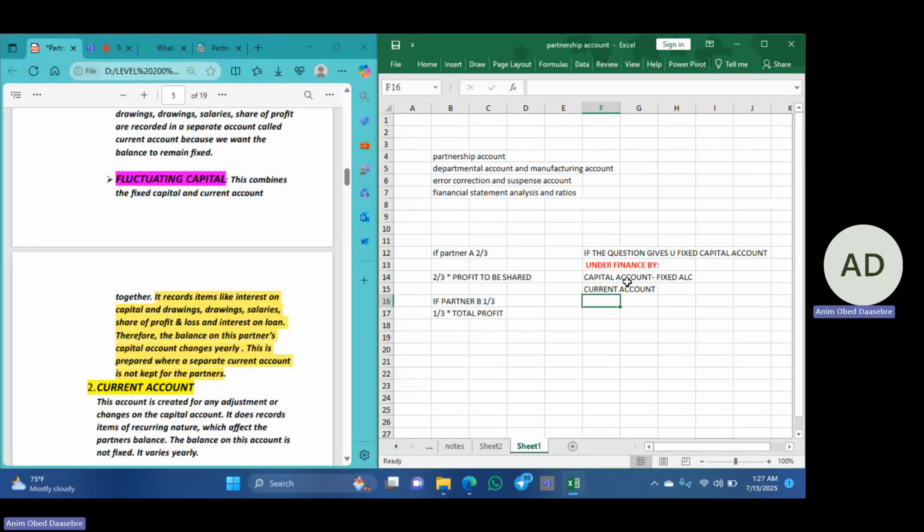You get this? The one that you will not touch, that is the fixed account, goes to the fixed capital account. And the current account that we calculated and adjusted for any additional income and all expenses, the balance on it will be the current account. So basically, this is how we will also tackle the capital accounts.